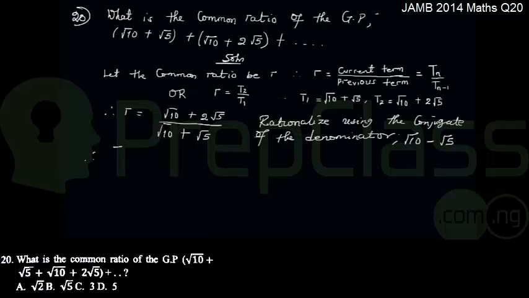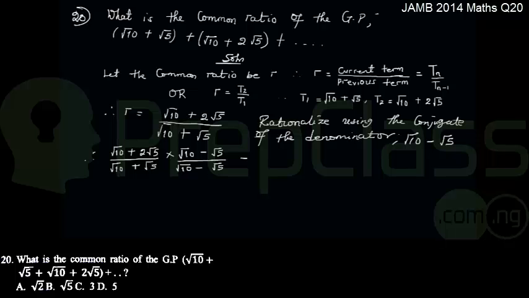So this becomes root 10 plus 2 root 5 all over root 10 plus root 5, times root 10 minus root 5 all over root 10 minus root 5.